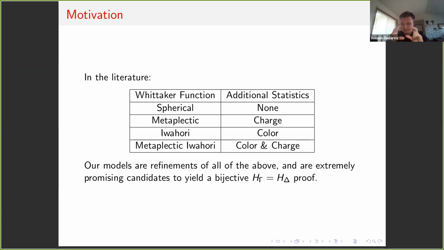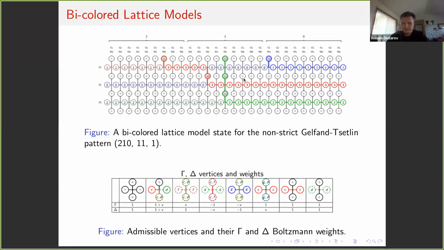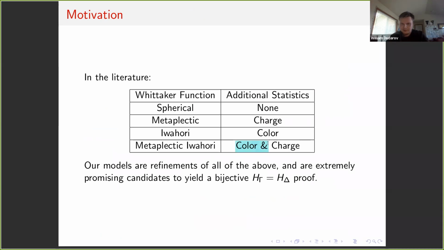They use pretty similar looking models, but with bicolorings. But in the end, it's just one color and a charge statistic.